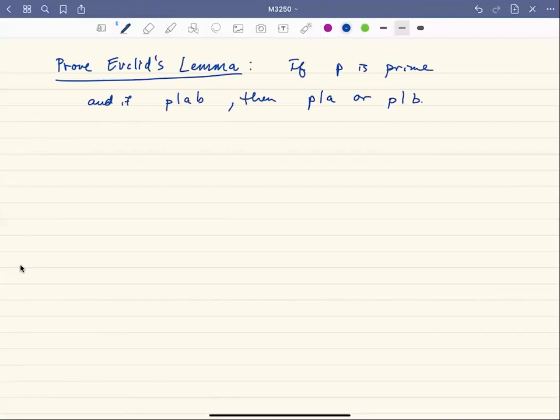The reason why I say it's intuitive is that we know that primes are the numbers that you can't split into smaller factors. So, for example, if you were to have, I'm just making something up here, something like 700, and you know that 7 divides 700, it doesn't matter how you factor 700.